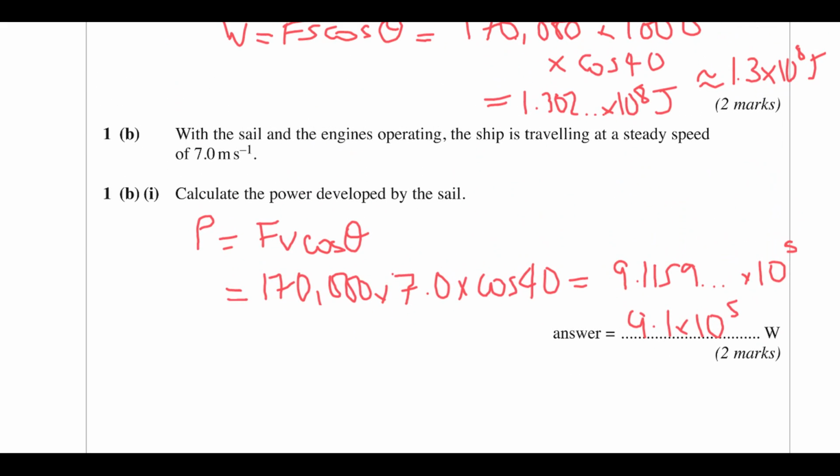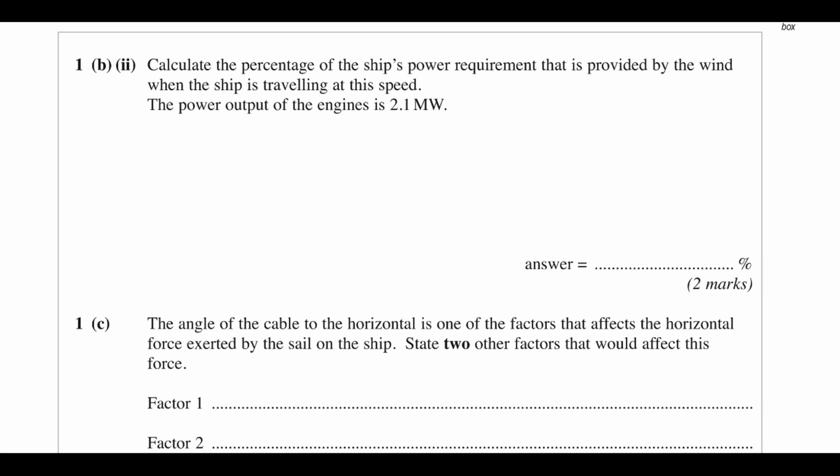So let's move on to the next question. Calculate the percentage of the ship's power requirement that's provided by the wind when the ship is traveling at this speed. So the power output of the engine is 2.1 megawatts. So the percentage is going to be the power from the sail as a fraction of the total power times 100%. So we just calculated, so let's get everything in megawatts.